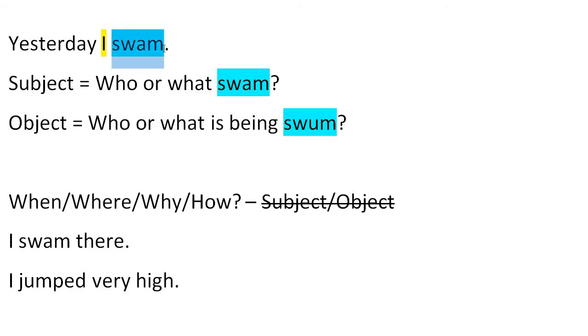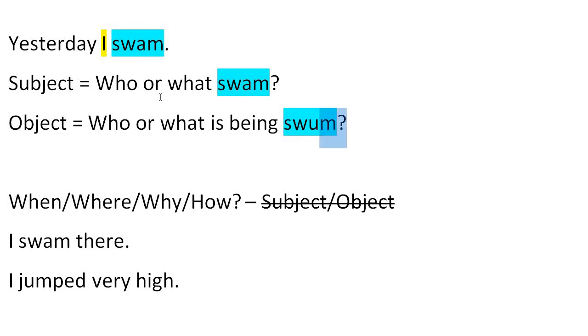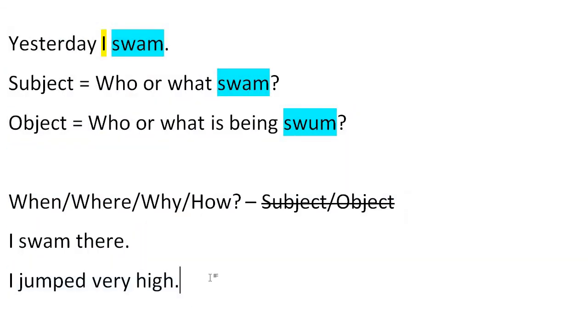You wouldn't be able to put an object there. Okay, so that's pretty much it. It does get a little more complex than that, but you just have to practice it. You have to practice how to find the subject and the object. We'll do maybe a few examples just for you to practice before you get to your activities.